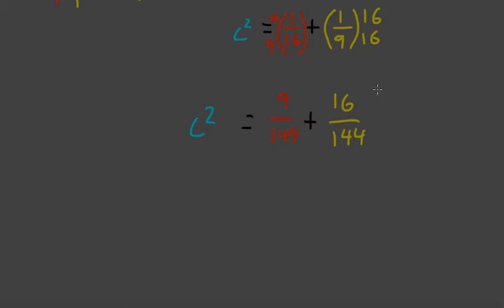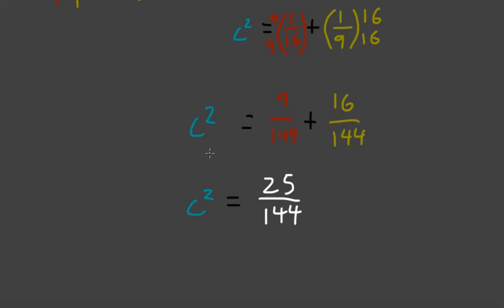And then we're going to add those together. When we're adding fractions, if we have the same denominator, we just add the numerators. So now we have c squared equals 25 over 144. But now we need to get c by itself.